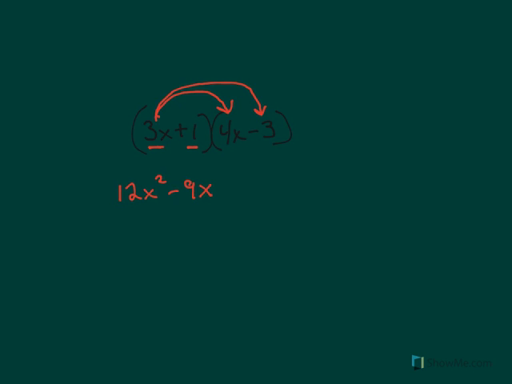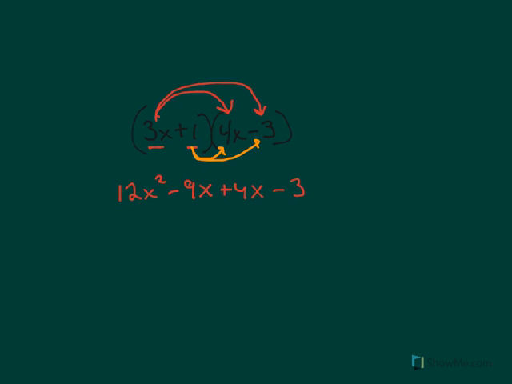And then distribute the other term. We need to bring the 1 in. So 1 times the 4, that should get you 4x. And then we're going to do the 1 multiplied by the negative 3. So that's going to get you negative 3.